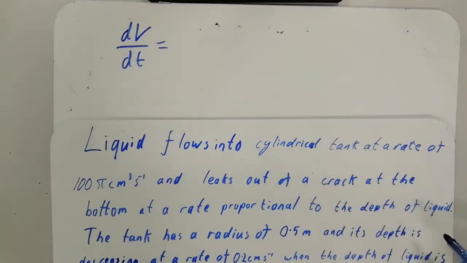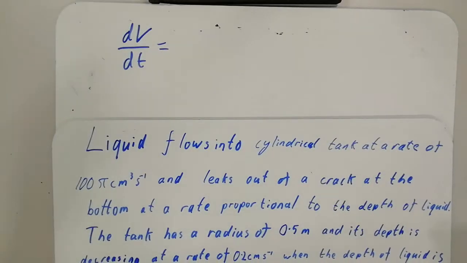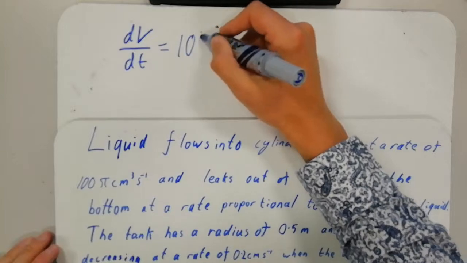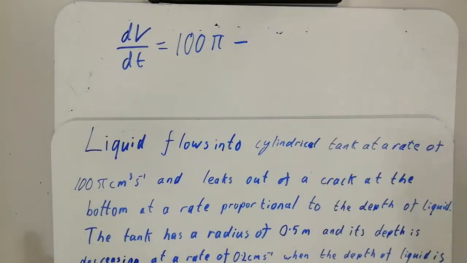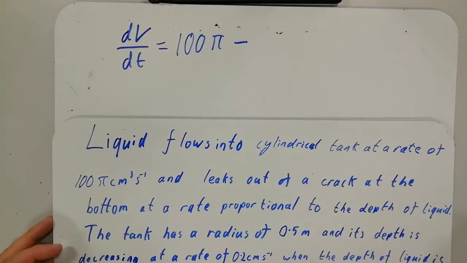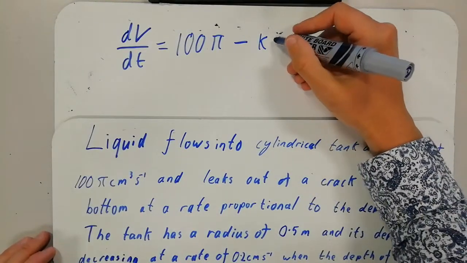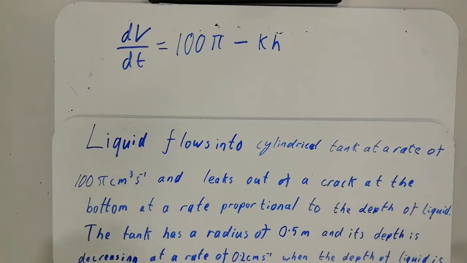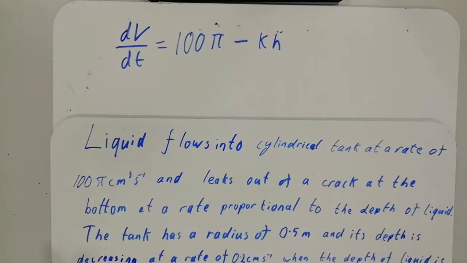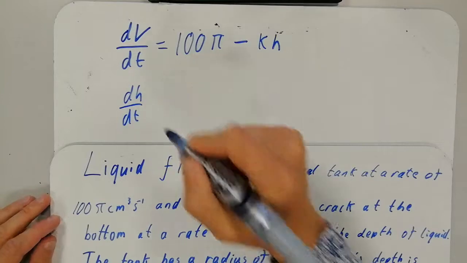So looking at this, we know that water flows in at this rate, 100 pi, and it leaks out, so negative because it's coming out, at a rate proportional to the depth of the liquid. So proportional, I need a constant of proportionality times the height. Okay, so that appears good, but the trouble is I've formed a differential equation for the rate of change of volume with respect to time. I wanted to know what it was for height with respect to time.